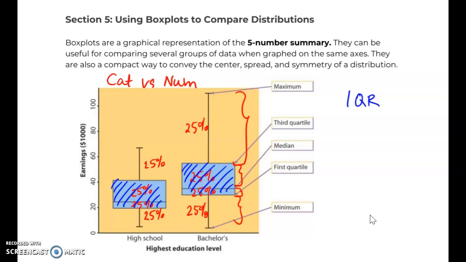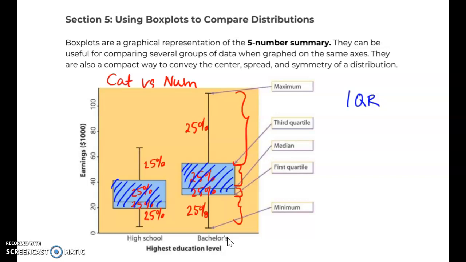We can also compare minimums and maximums over here. The minimum salary seems to be the same for someone who completed high school versus bachelor's, but the maximum is definitely higher for someone who completed a bachelor's degree. The distribution seems a lot more symmetric for high school.